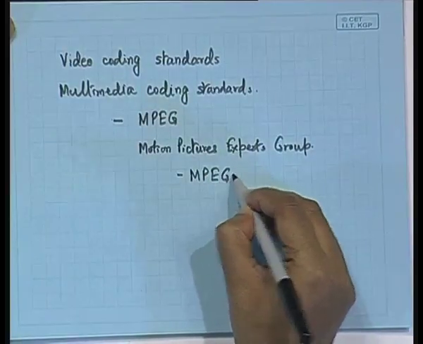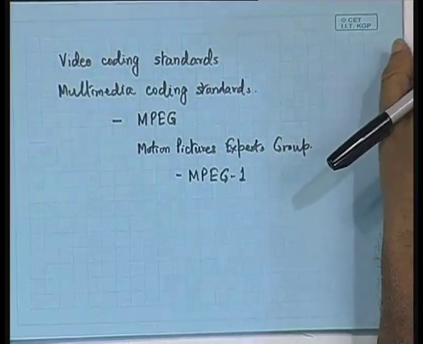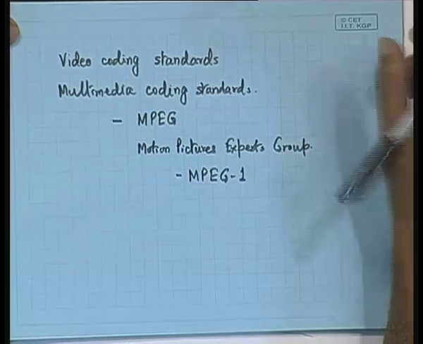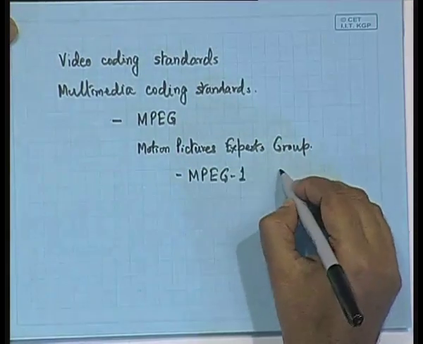Now, the first MPEG committee was formed way back in the year 1988. And over the past 18 years, many MPEG standards have been proposed. The first of these MPEG standards was MPEG 1. That was the very first standard, and MPEG 1 basically addressed the question of storing videos onto the CD.